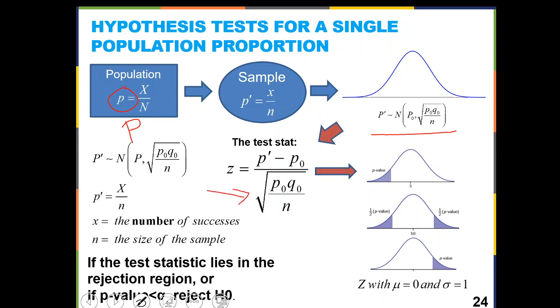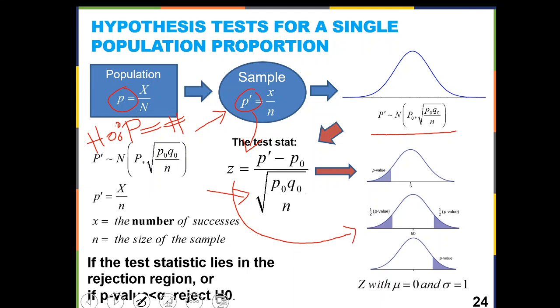We know that from chapter 8. So if somebody claims the proportion equals a number, then we're going to take a sample, find p prime, convert it to z, and then go over here and see where that number falls, right?